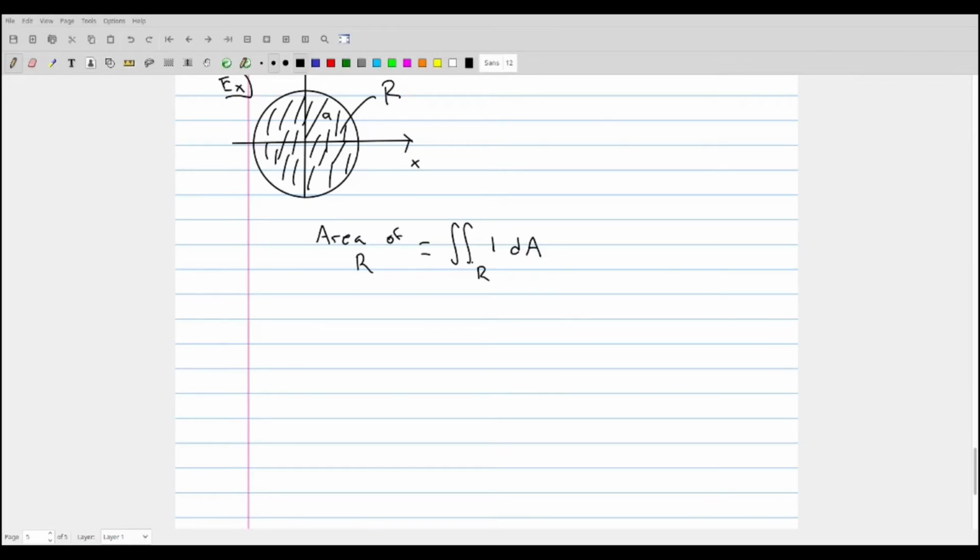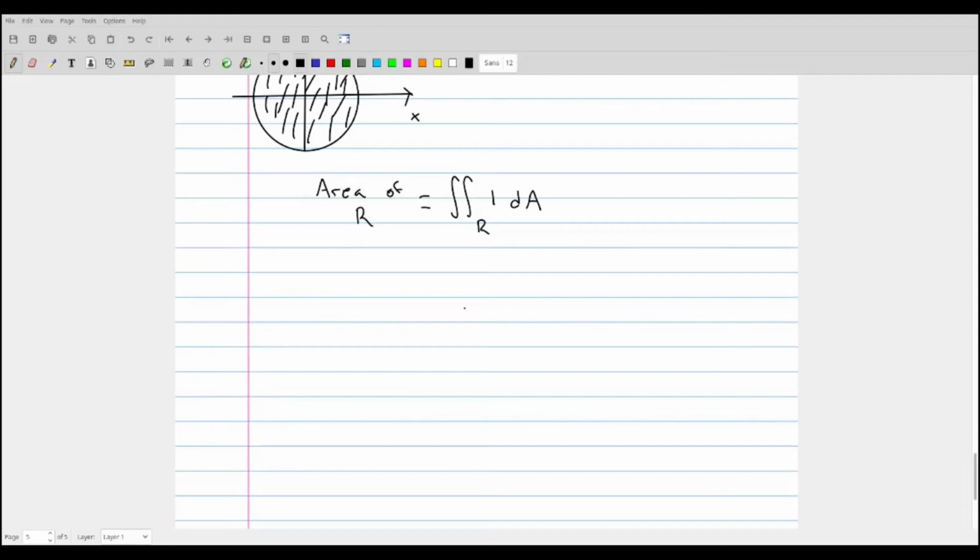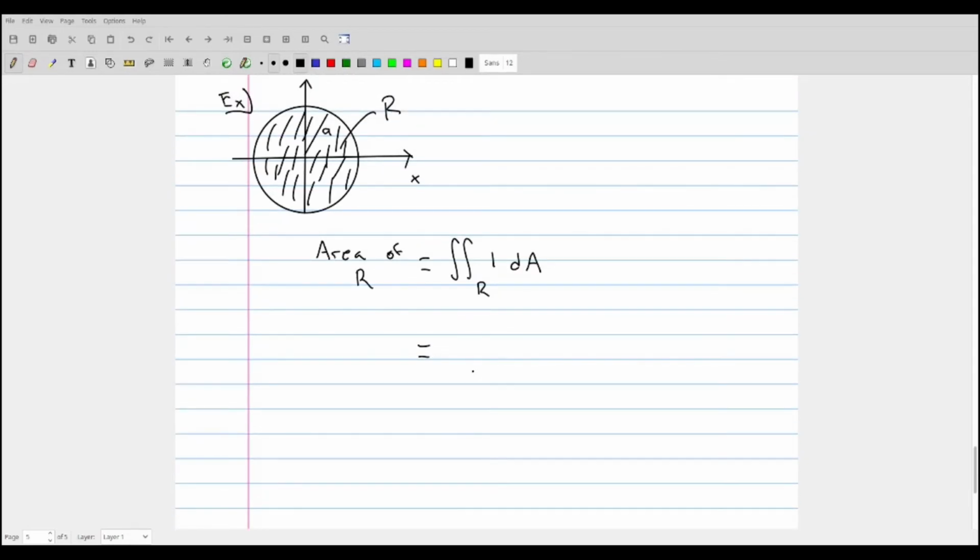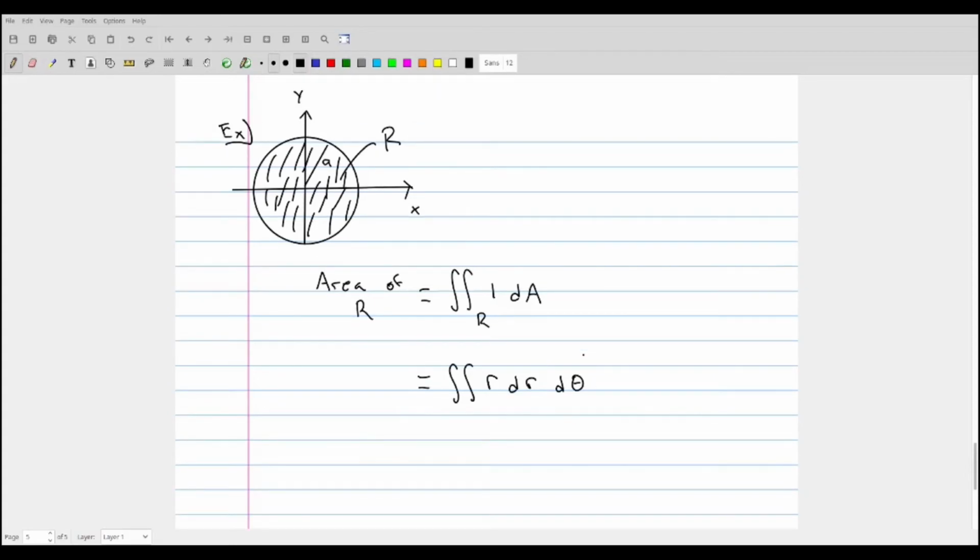You'll remember that setting this integral up in Cartesian coordinates and actually doing it, you have to do mainly that trigonometric substitution, which is pretty long. It turns out that if we just go straight to polar coordinates, dA is going to change to r dr d theta, and we have to determine the bounds of integration for this new region.